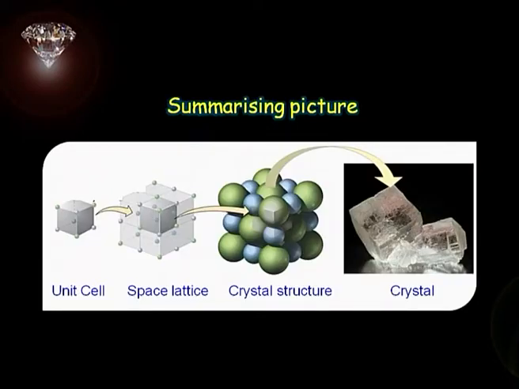Now, let us see what have we done in this whole session. Let us try to summarize that in terms of a picture. You have a small unit cell that builds up a space lattice, and if I take the space lattice and all lattice points I substitute with the suitable motif, I will get a crystal structure, and that crystal structure when grows gives me the crystal I am talking about. So, that kind of relationship, because we have talked about crystals in the previous session, we have seen a lot of crystals.